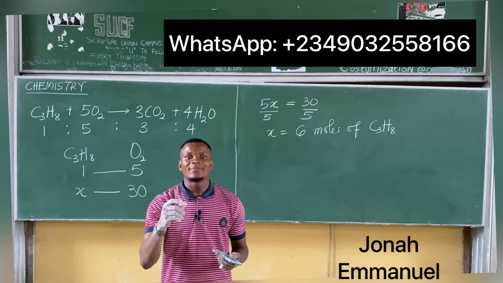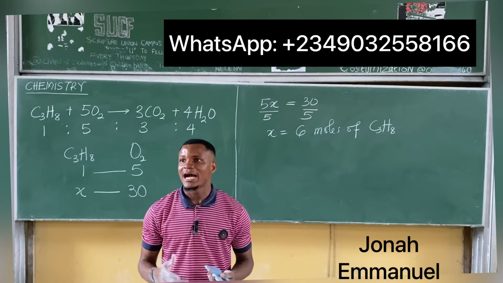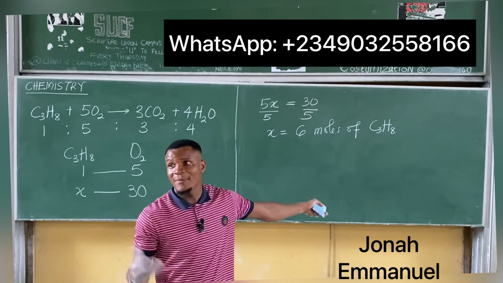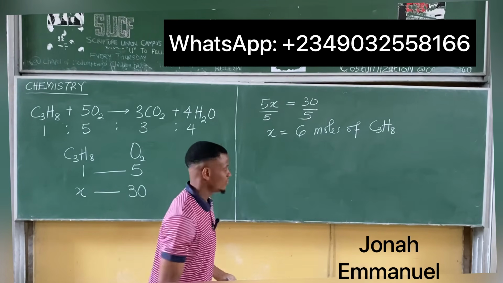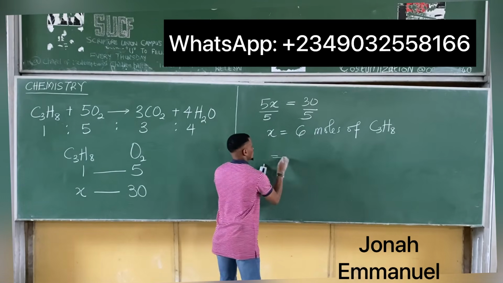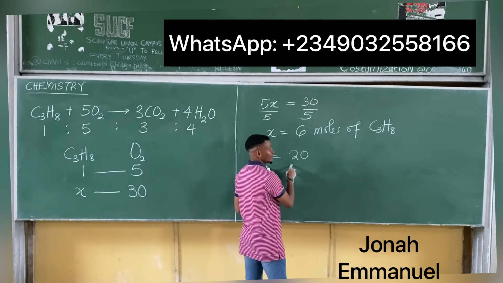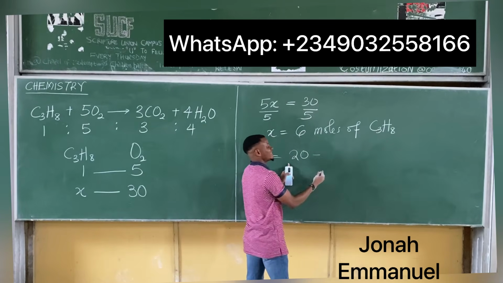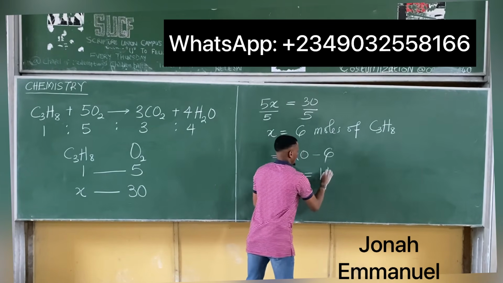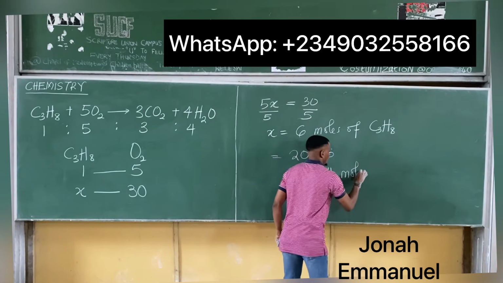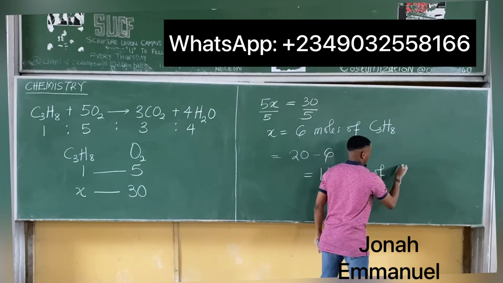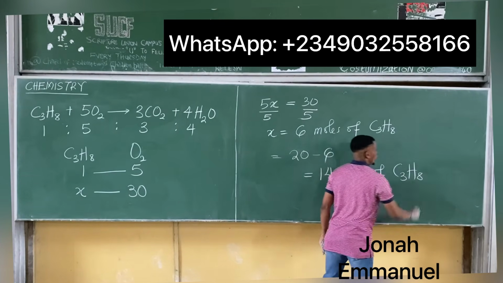I'm given 20 moles of propane. I only use 6, as you can see here. How many is left? That's all. It's equal to 20, which was given, minus 6, which I only needed. That's equal to 14 moles. Please, 14 was which option?